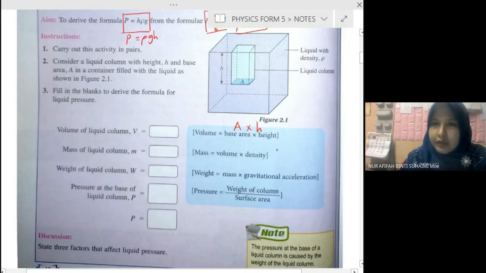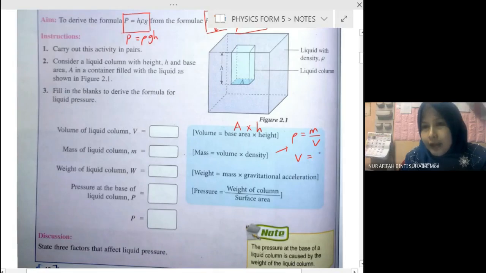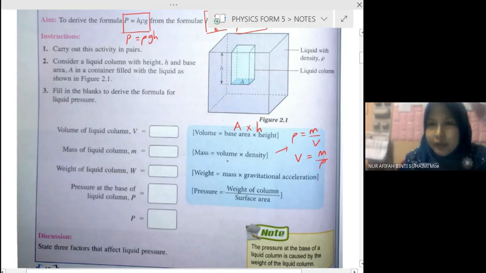Dia tukarkan balik daripada density: volume equal to m over rho, so m equal to rho V. Weight is mg, and pressure is F over A, or weight over A.